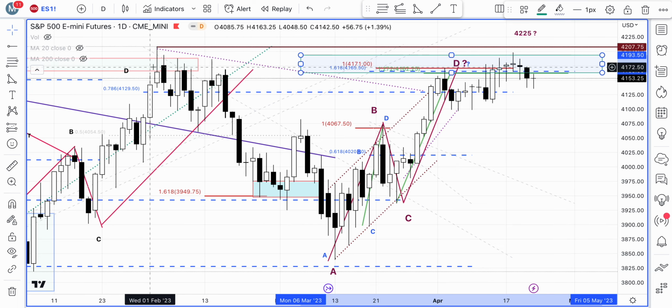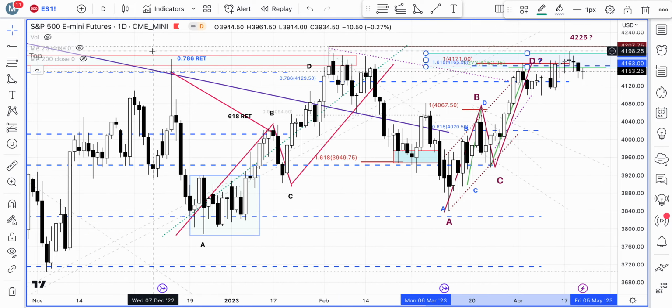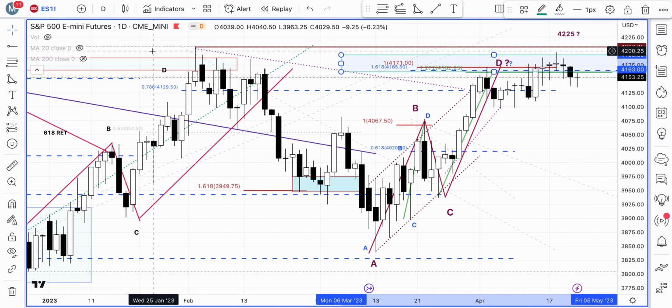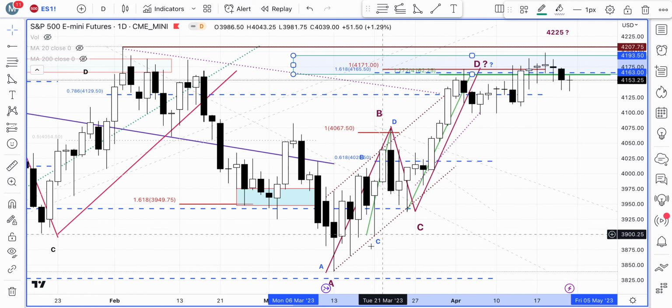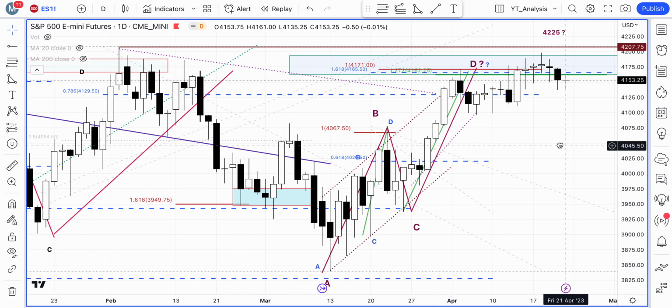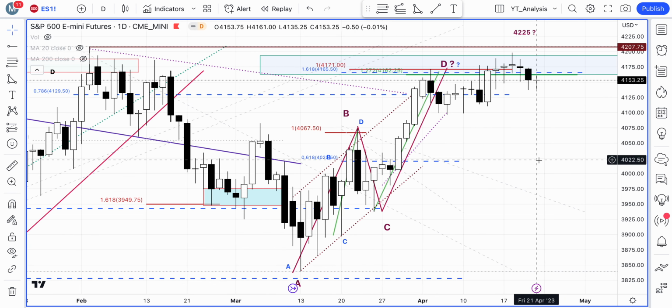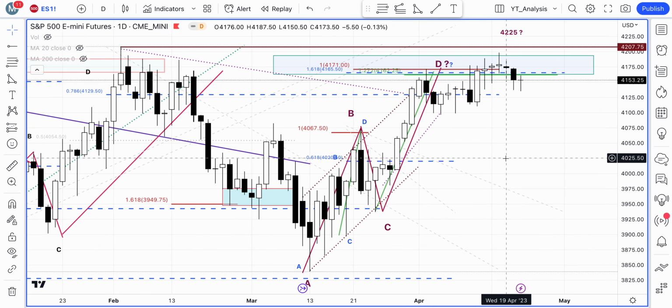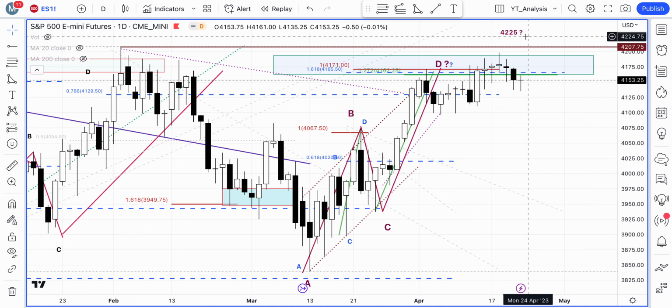Also looking to the left hand side, we have the structural resistance here, and we had completed this ABCD formation. So the message was that we are in a zone in which the market could face resistance, but there is a possibility that it could grind up to reach this 4,225 level.